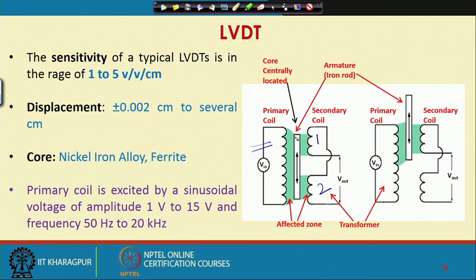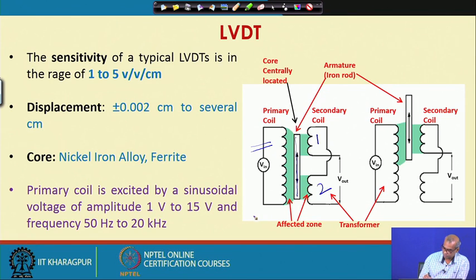So, this is the iron core. This will be connected directly to the object whose displacement needs to be measured. So, this soft iron core will be connected with a moving object.